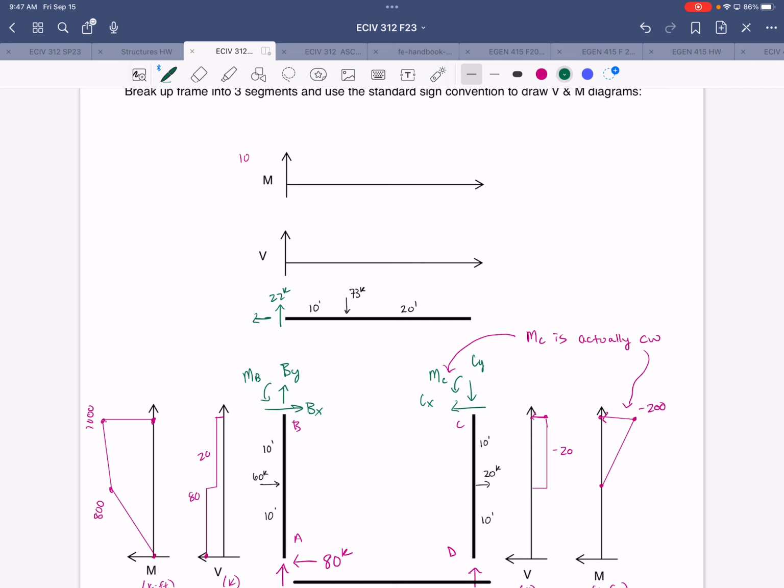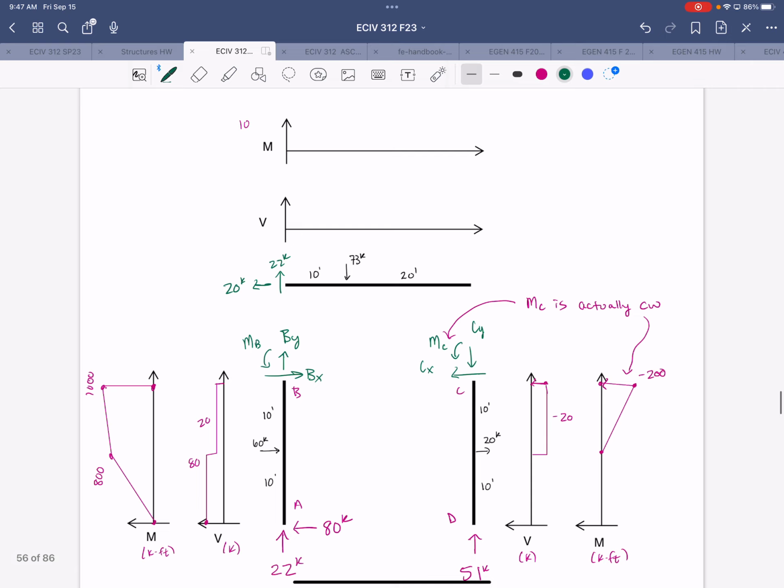Bx is 20. On the beam, it'll be to the right, or excuse me, to the left. And the moment at B, since it was counterclockwise on the column, it's going to be clockwise on the beam. And that was 1,000.